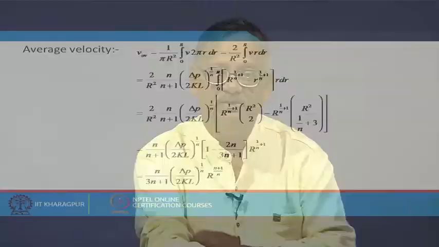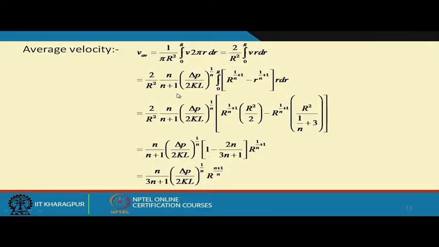So, let us look into our slide also, because you can see online that V average is 1 by pi r square, integral 0 to r of V into 2 pi r. We have done all in detail, we take every step, but here we might have omitted some.